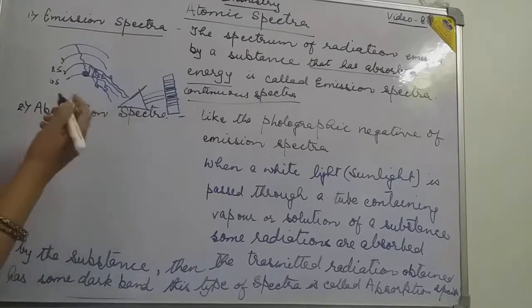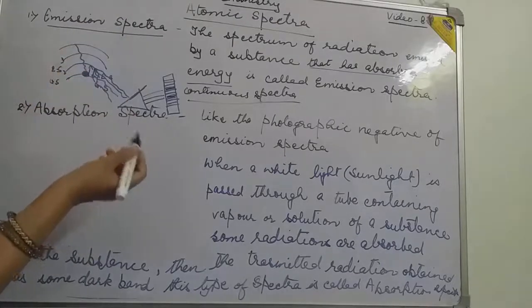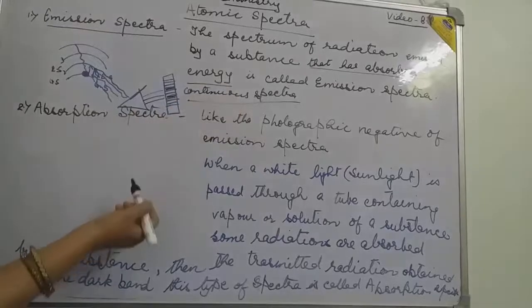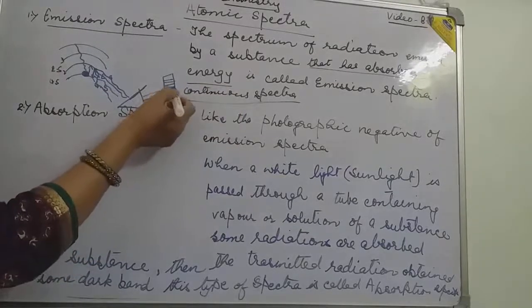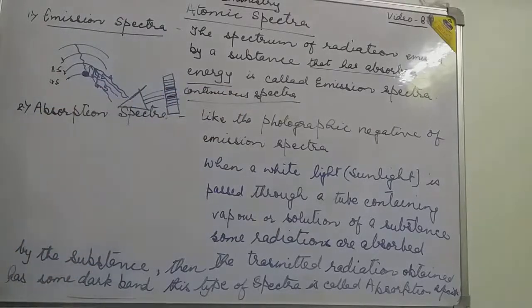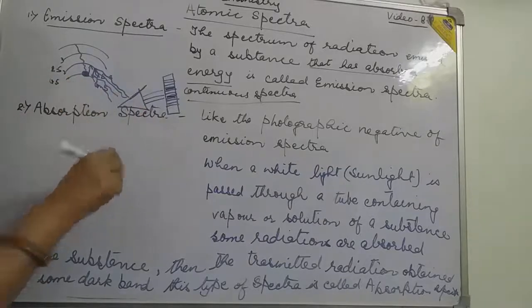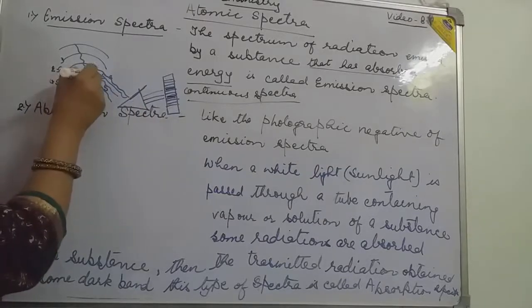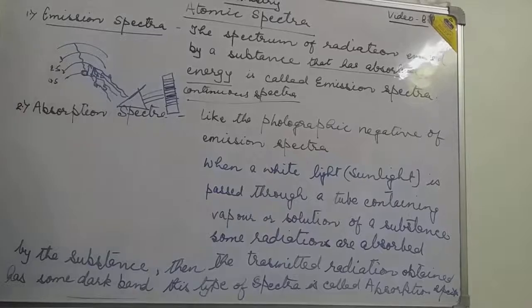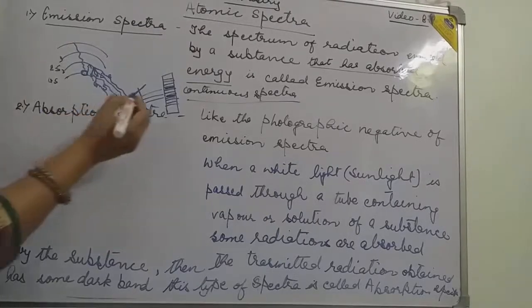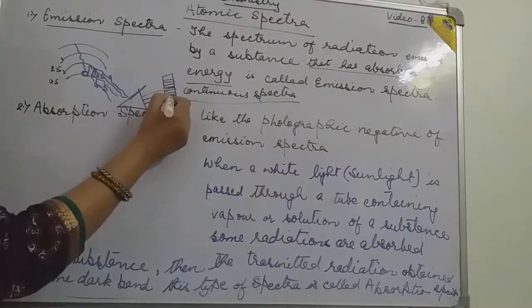And this emission spectra is almost continuous spectra with very few black lines, which are absorbed by that element. If it is hydrogen, it absorbs some energy and that energy is not reflected here.